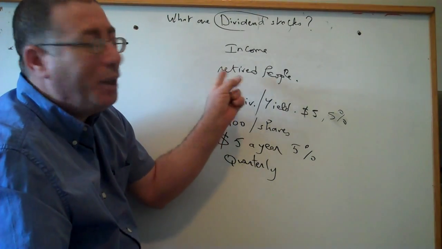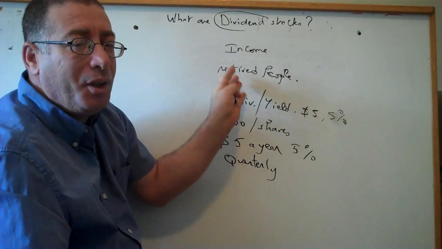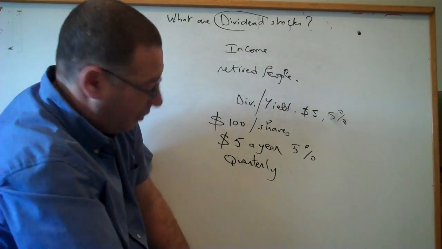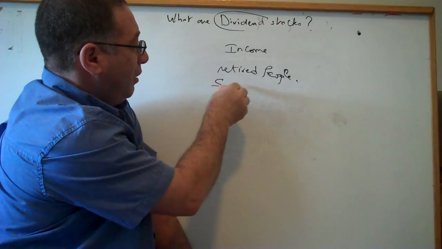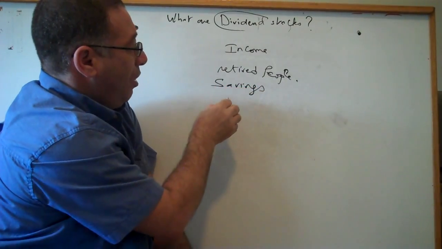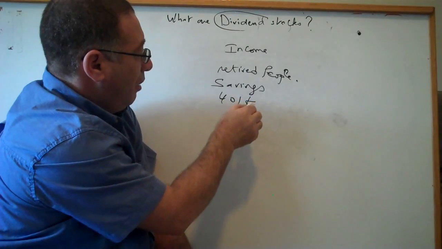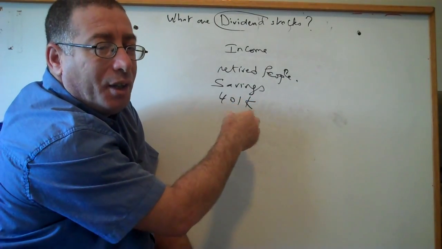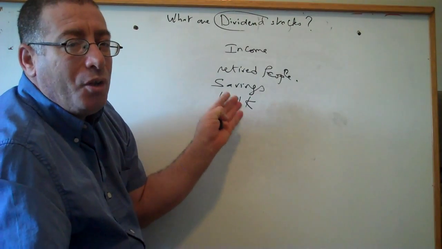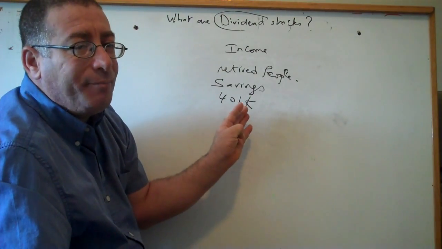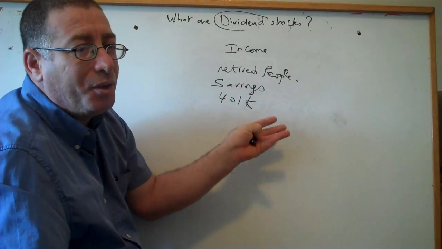Why retired people? Because they have saved a lot of money through their savings, like a 401k or any other savings account, so they have a lot of money, and they need money like an income every 3 months or every month.